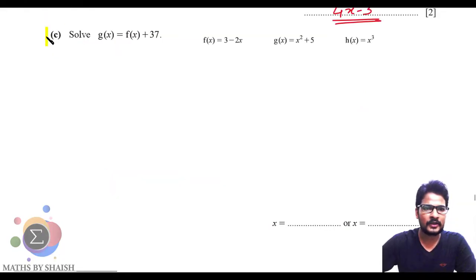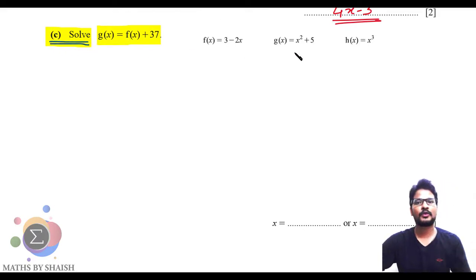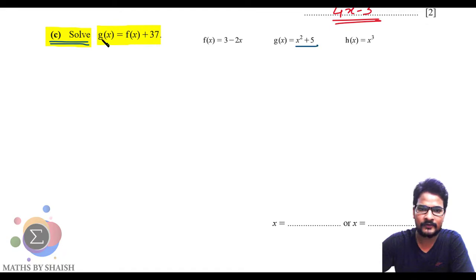Now here is the C part. Solve gx equals fx plus 37. So I copied these functions so that it would be easier to understand. And solve means we are going to find the unknown value, x. Here the unknown is x itself, and we will write it as it is. gx is x squared plus 5, so in place of gx we are going to write x squared plus 5 equals fx, which is 3 minus 2x, and then plus 37.